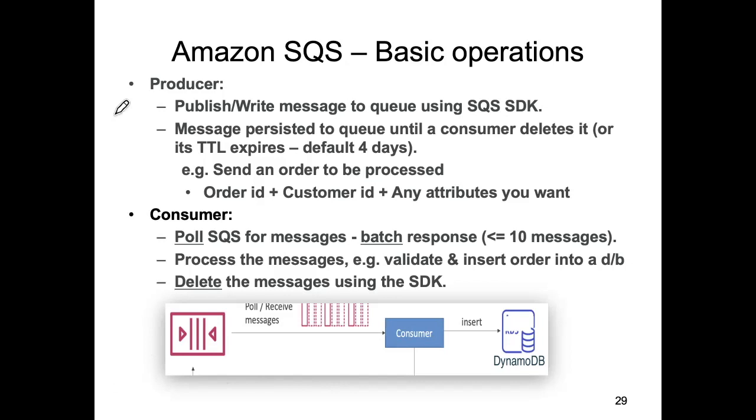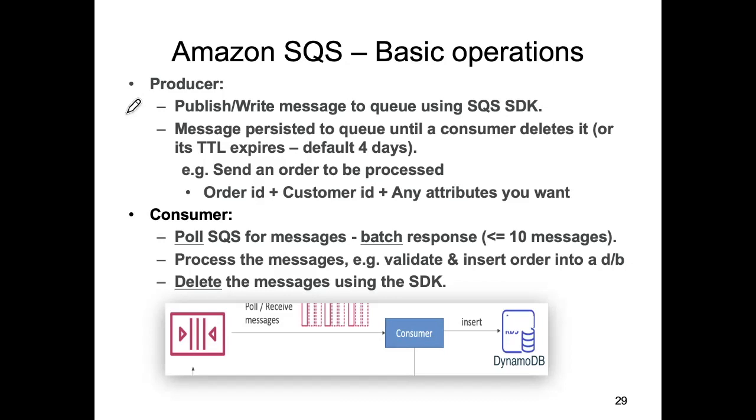If I just go back for 1 second, remember I said SQS dates back to around 2006, so it's way back in the monolith days, but you can have more than one consumer for a particular queue. You can have more than one producer as well. I just want to make one point. It's not really relevant that much anymore, but it would have been back in 2006. If you've got more than one consumer associated with a queue, then only one of the consumers will get to see a particular message.